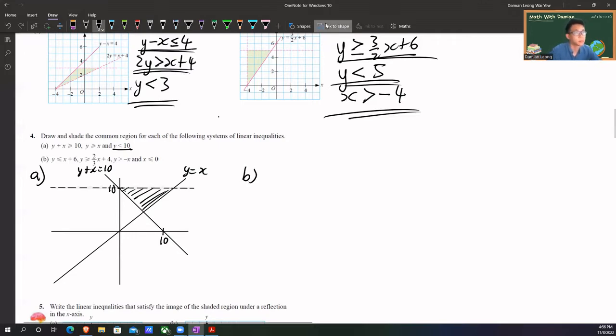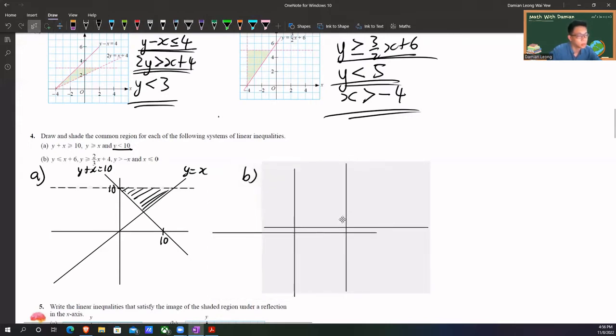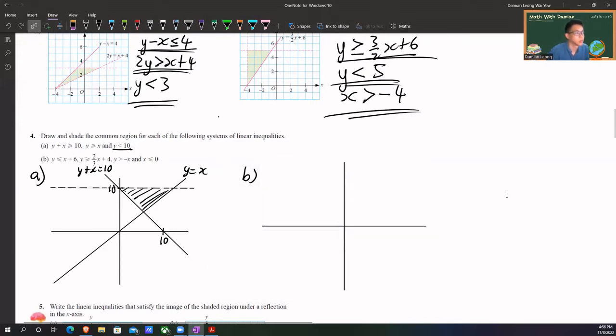Part B. Again, try to sketch out. And actually, I'm supposed to label the x and y axis as well. Okay, so for the second one, I have y less or equals x plus 6.